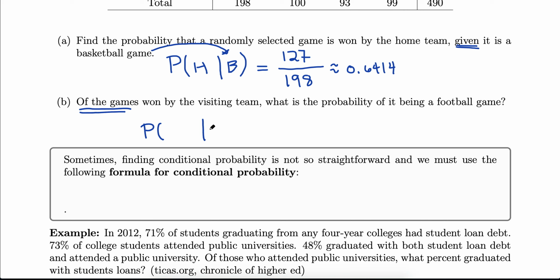So that's my given information, and that's going to go after the line, visiting team. Then, what we're curious about finding the probability of is the probability of a football game. So probability of football, given we're only looking at games won by the visiting team.